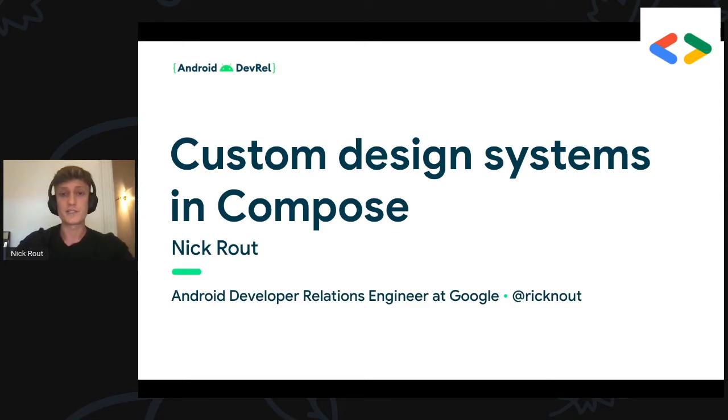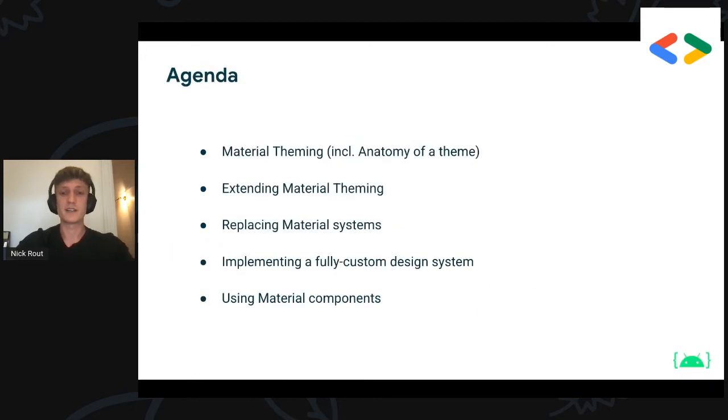You don't have to use Material Design, and also you don't have to use the library implementations that Google ships in both Android views and Jetpack Compose for these. You can go ahead and implement your own design system and use the lower level APIs to do this yourself. So that's what we're going to take a look at today and do a bit of a deep dive into how you can go about doing this.